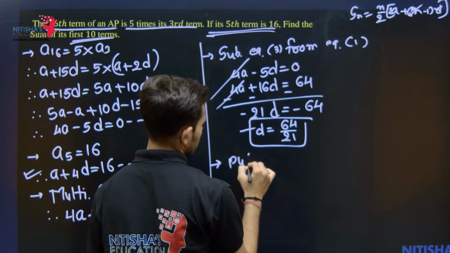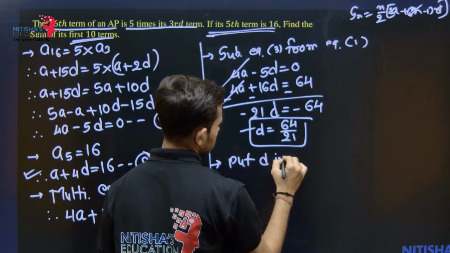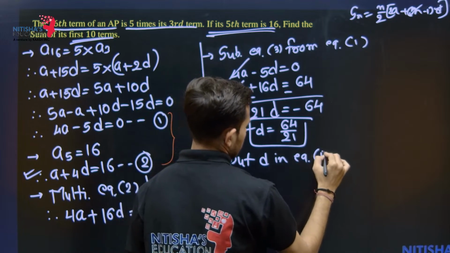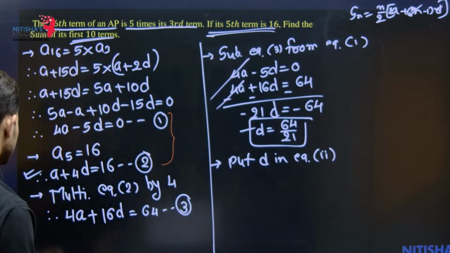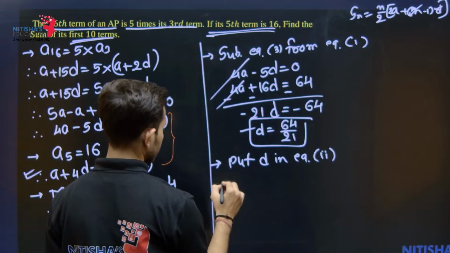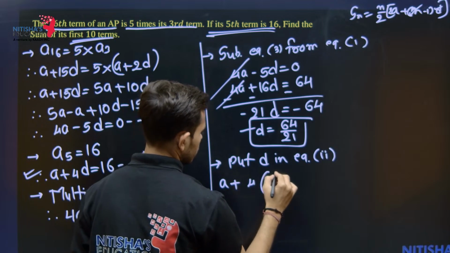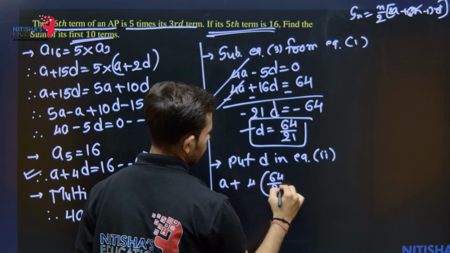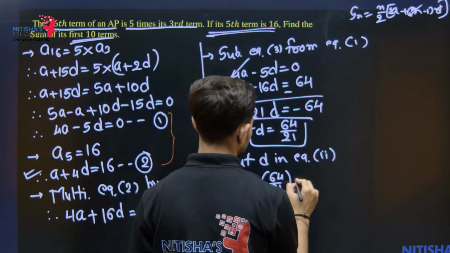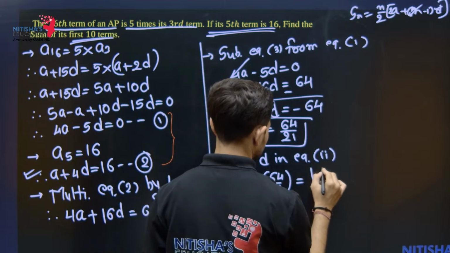Put d in equation 2. So it will become a plus 4 into 64 upon 21 is equal to 16.